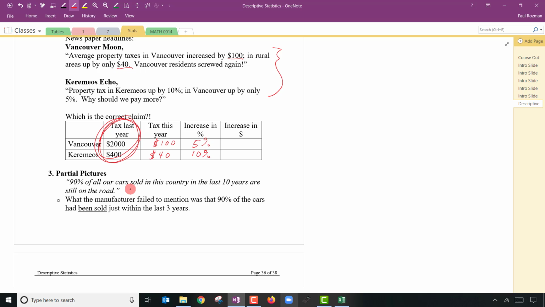Certainly, their cars sold in the last 10 years are still on the road because 10 years ago, maybe they didn't have any cars. And 8 years ago, they sold 1,000 cars. But last year, they sold 3 million. Well, certainly their cars are still on the road because almost all of their cars were made last year.